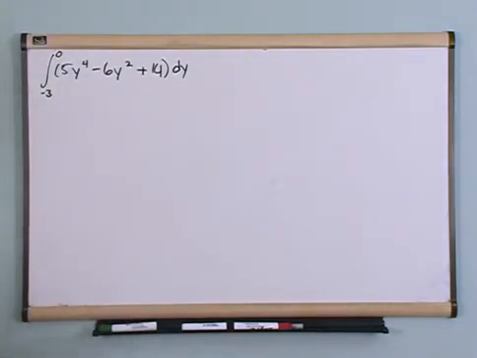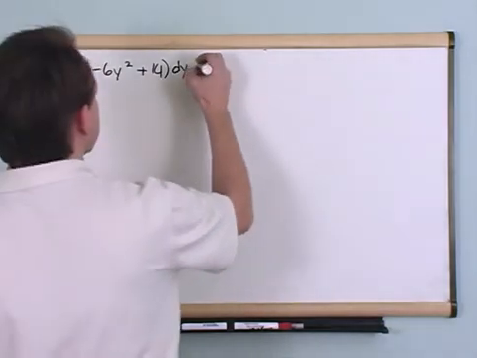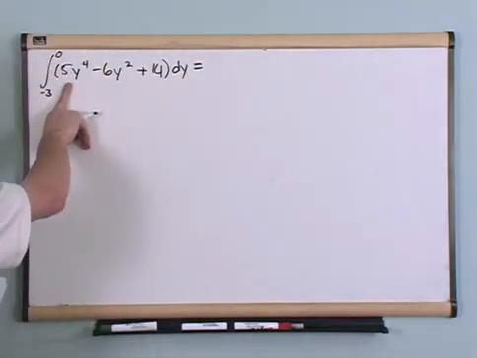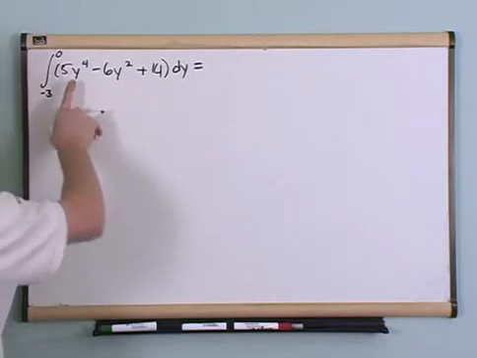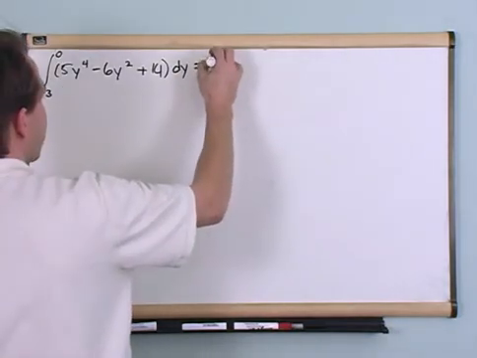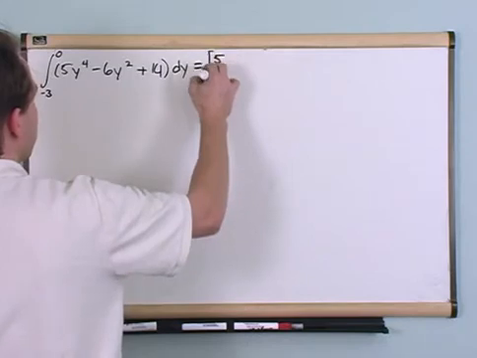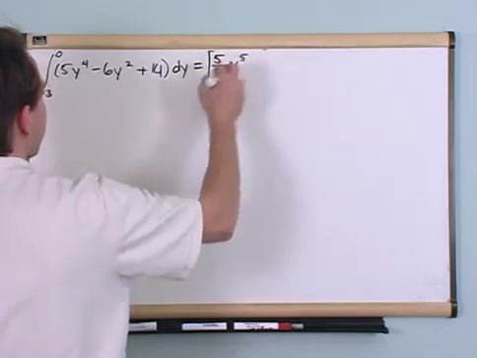Okay. So in order to do this, let's go ahead and integrate this. You should remember from that other property, hopefully through these examples, what you're going to have is 5 over 5 y to the 5th power.